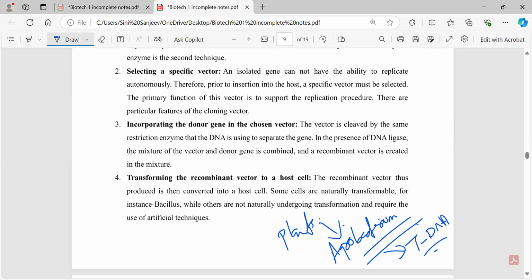What happens is these dicot plants develop tumors. In order to avoid the tumor, directly you can produce this tDNA and transfer it, and then the next plants that grow will be free from that particular tumor. So that is the use of the plasmid.